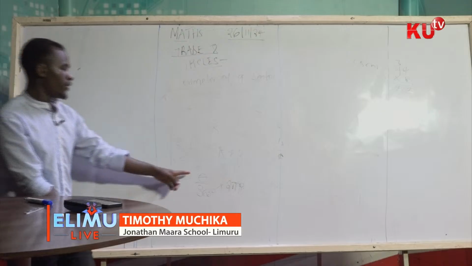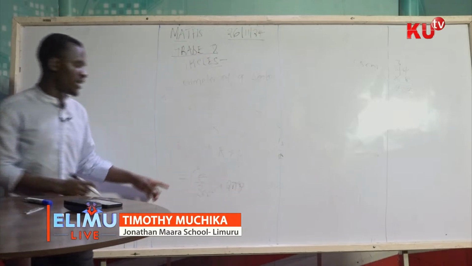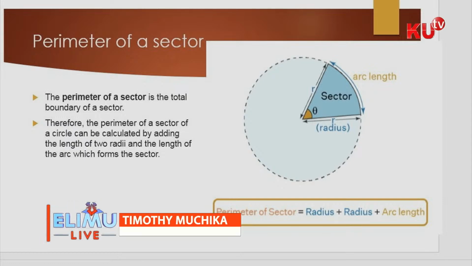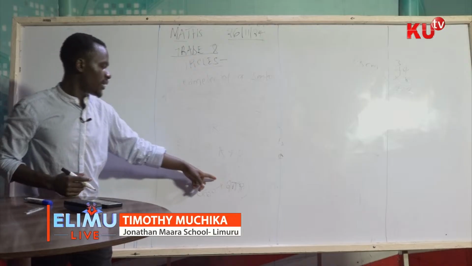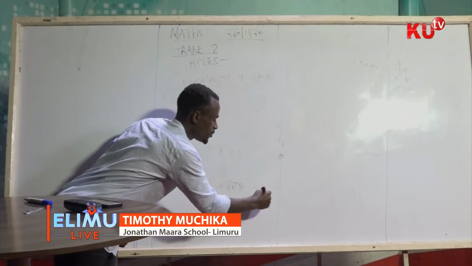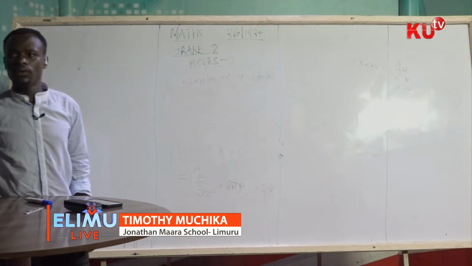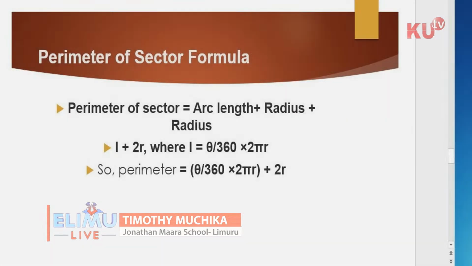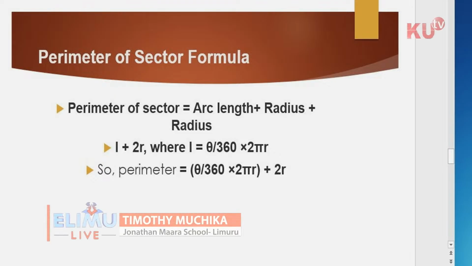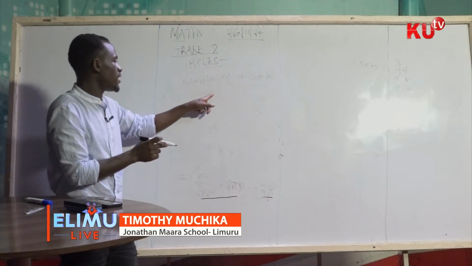So we substitute L, the arc length, with theta over 360 times 2 pi r, and then we add 2r. This is the formula for the arc length, and 2r is this radius and this radius.